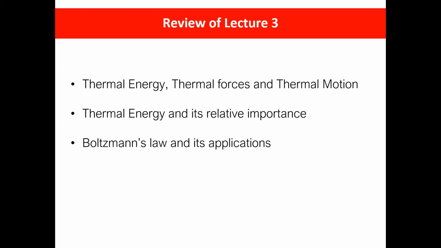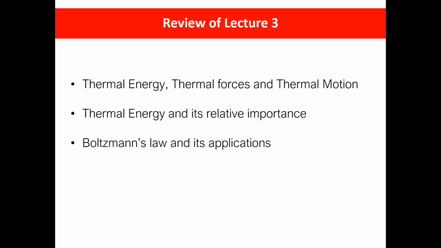Then we discussed the Boltzmann law, and we looked at its two applications. One was to calculate the approximate height of the atmosphere, and the other was to calculate the Nernst potential, which is the potential generated by the cell by having a concentration gradient of ions across the cell membrane.